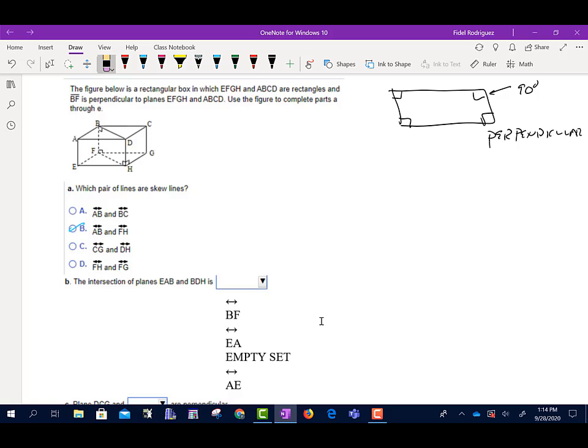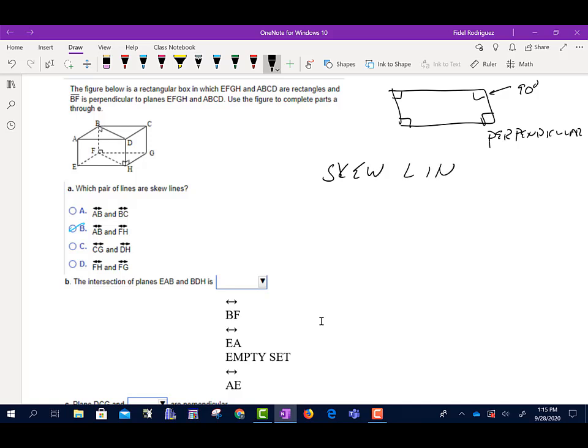Look at part C. It says CG and DH. CG, okay, where's CG? Okay, here's CG, let me go back with red. CG is right here, and DH is right here, and no, those are parallel lines because they're in that same plane, right? They don't intersect, so I know that's not what I'm looking for. We're looking for skew lines, right? Skew lines, different planes, okay, so let me just write that here.